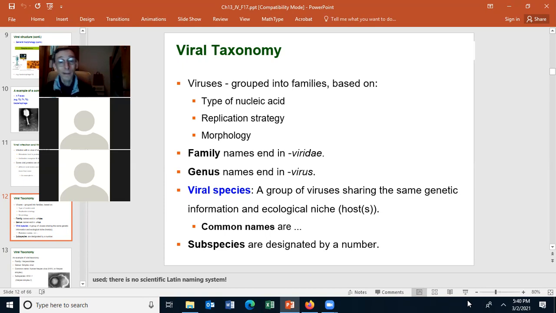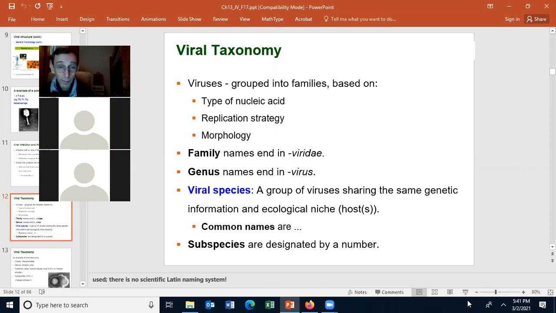There is one grouping that isn't mentioned by your textbook author, but we do group viruses by the kingdom that they infect. Meaning we talk about bacterial viruses, viruses that infect bacteria cells. We talk about plant viruses, viruses that attack plant cells, and animal viruses, viruses that infect animal cells.